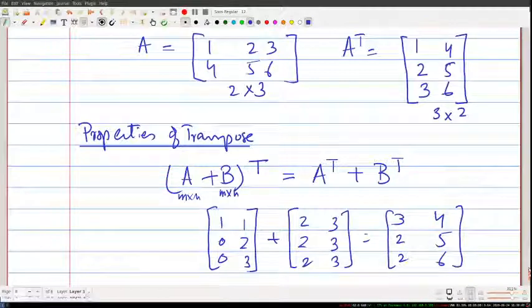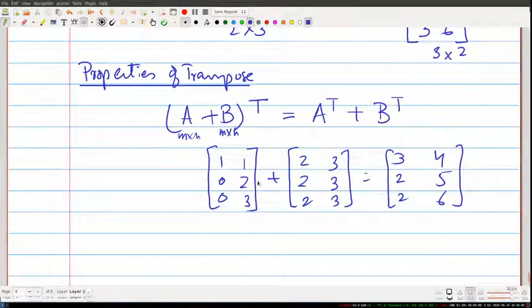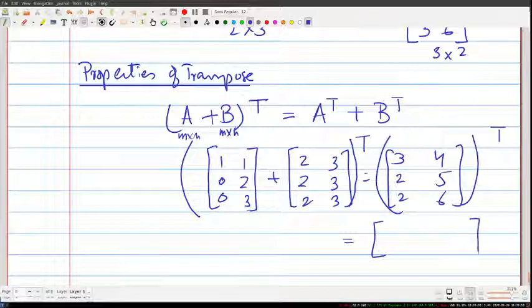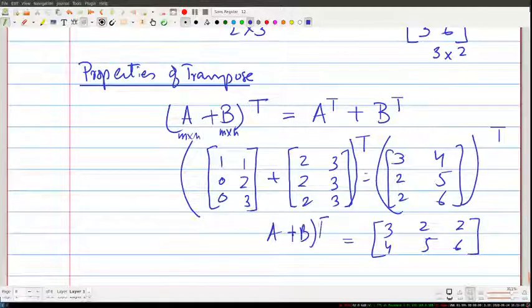And now if I transpose this, so this is A plus B, right? So A plus B transpose. If I now want to transpose this, then this is simply 3, 4, 2, 5, 2, 6. So this is A plus B whole transpose. You first do the addition, then do the transpose. And this law is telling me it doesn't matter.